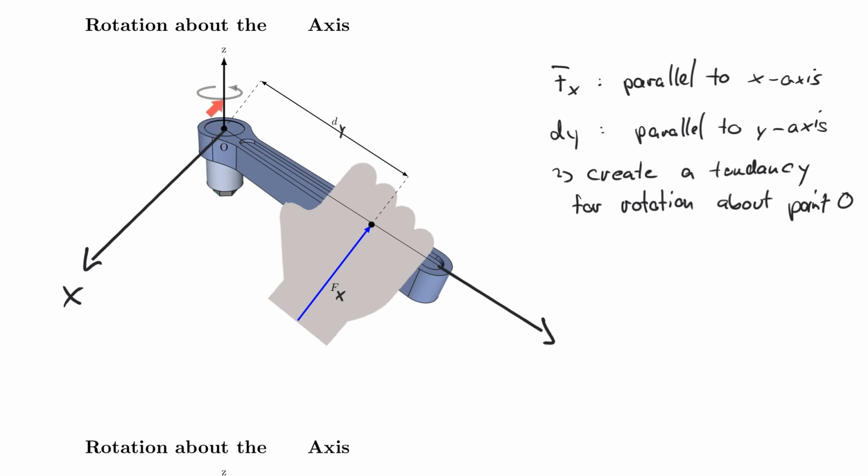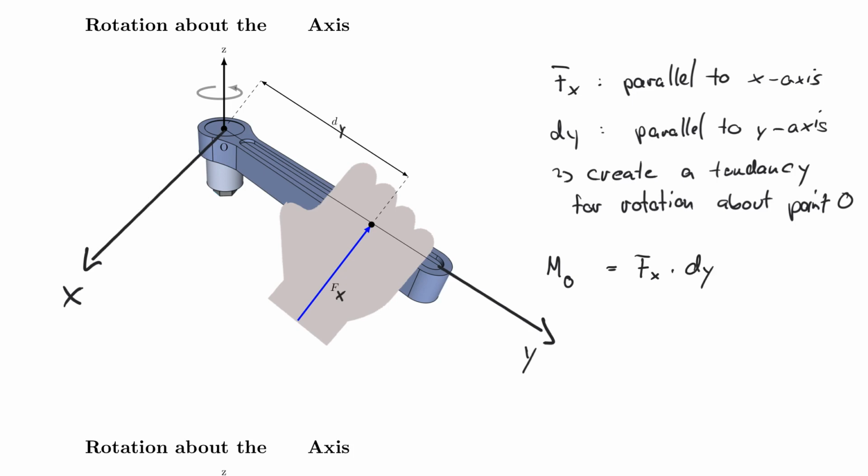And of course you can already see here we're pushing in this direction, so we're trying to loosen the bolt actually. And now for the 3D description, we rotate from positive x to positive y. So if we rotate in that direction, then we actually end up with a positive z direction. So in this case, M about point O is equal to Fx times dy.